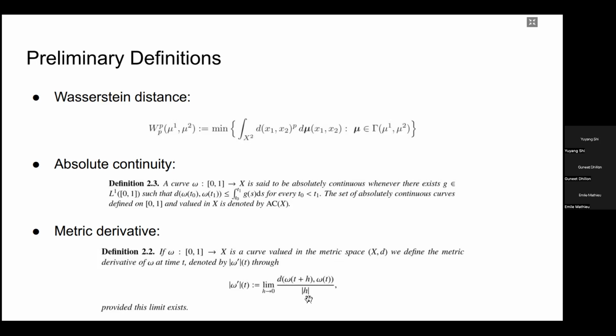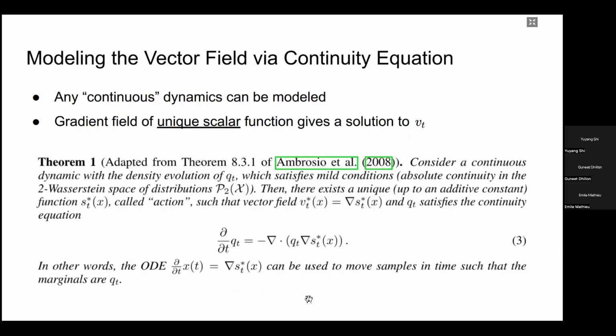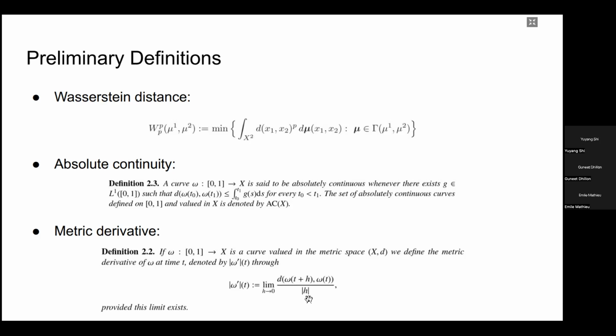And so the absolute continuity and metric derivative are very related, because if it's absolutely continuous, then the metric derivative is well defined for t almost everywhere. And also, if you have a metric derivative, then it's automatically, I think, absolutely continuous. So again, these will be considered in a distributional way.